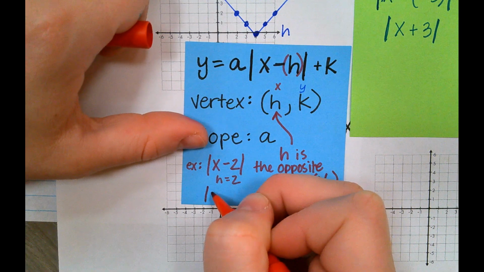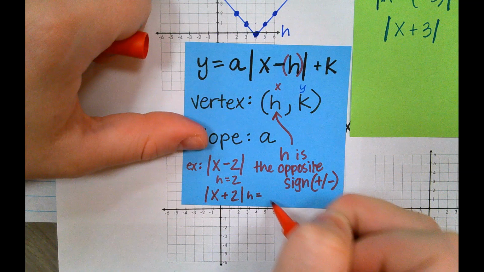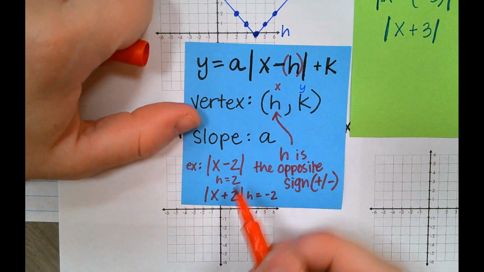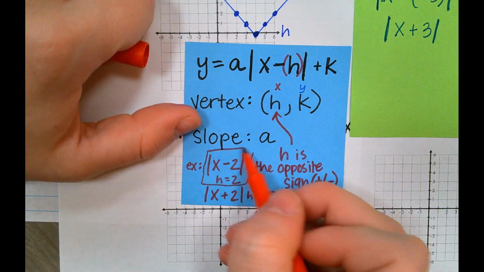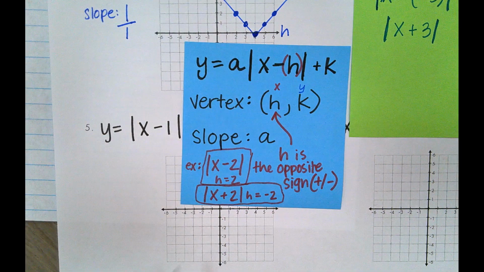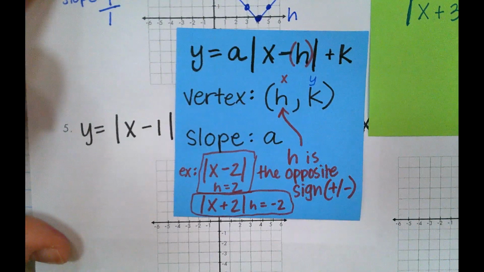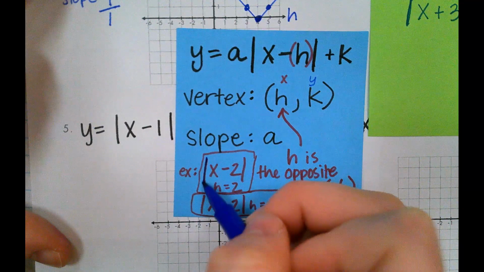If it was x plus 2, h would be -2. So if this helps you remember, h is the opposite. Take a note of it, write it down so you don't have to memorize it. H is opposite. And the more that we do these, the more it will.